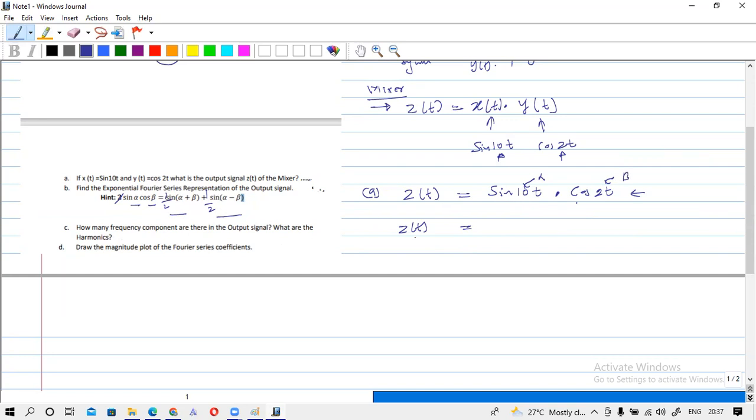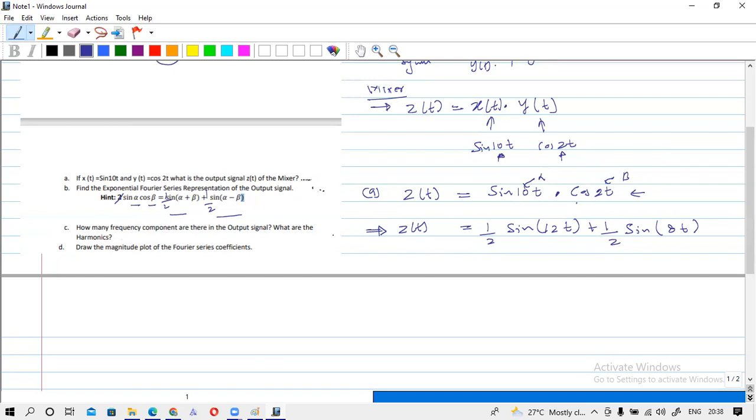So you have half sine of alpha plus beta, that means 10t plus 2t, that is 12t, plus half sine of alpha minus beta, 10t minus 2t, so it will be 8t. So this will be your composite signal.